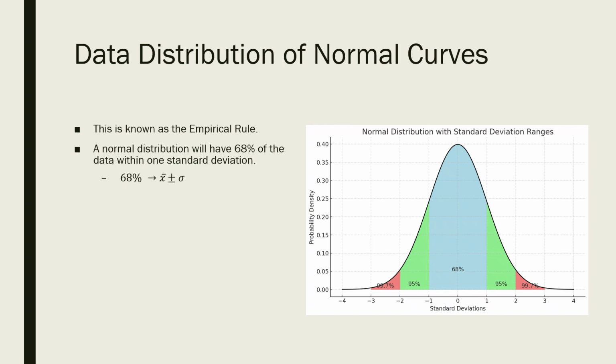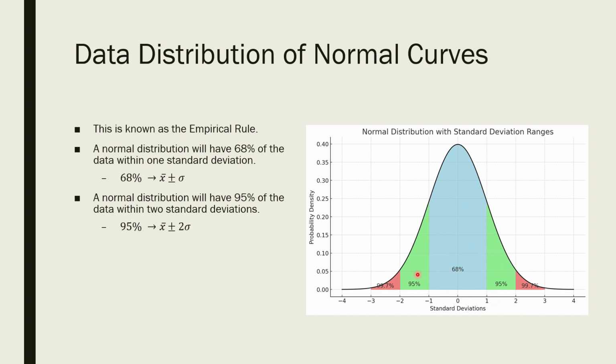Well, what does that mean? That means from -1 to +1 here, which is standard deviations. So our mean is right here at 0. If I go -1 standard deviation to +1, I get 68% of my data. If I go 2 standard deviations, so I go from here out to 2 in either direction, it's 95%.